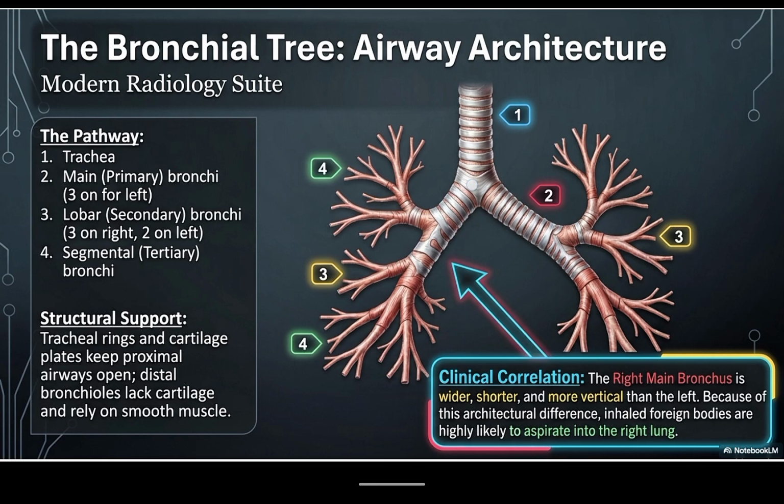The junction where this trachea branches into left and right bronchi is called the carina. So there is a cartilaginous ring structure, which we call the carina, where this trachea reaches and branches into left and right bronchi.